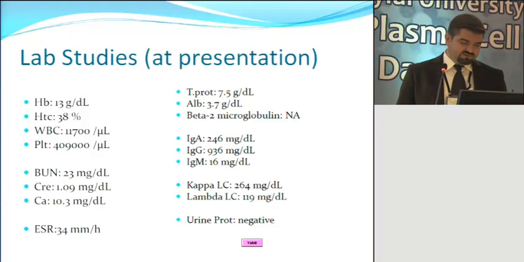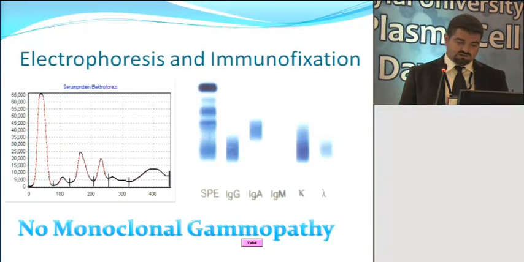Lab studies revealed no anemia, no renal failure, mild hypercalcemia, albumin of 3.7, beta-2 microglobulin was not available at that time. IgA was 246, IgG was 936, IgM was 16, kappa light chain was 264, and lambda light chain was 119. Urine protein was negative.